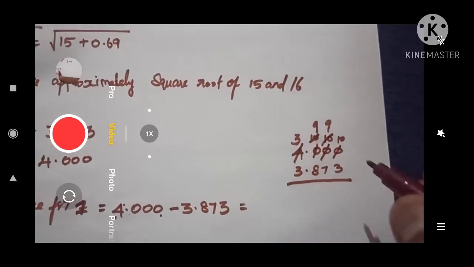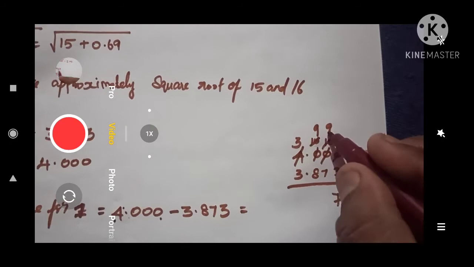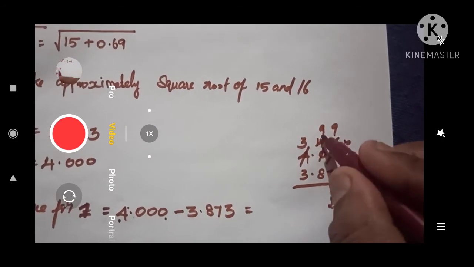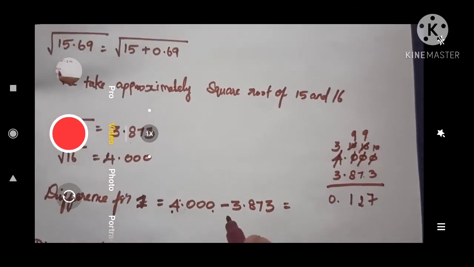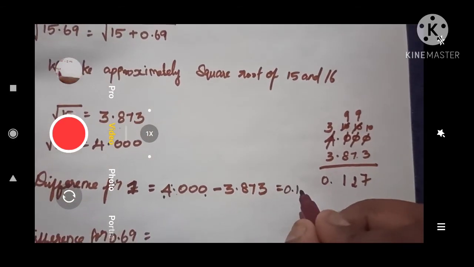Now you subtract: 10 minus 3 is 7, 9 minus 7 is 2, 9 minus 8 is 1, 3 minus 3 is 0. So the difference for 1 is nothing but 0.127.